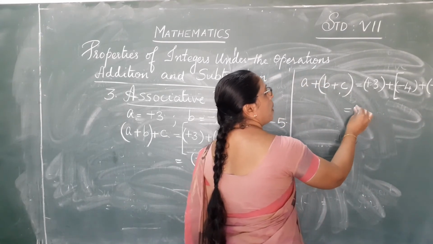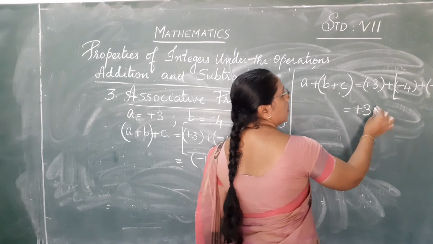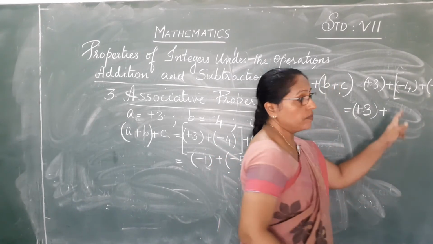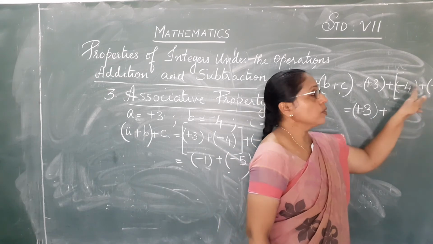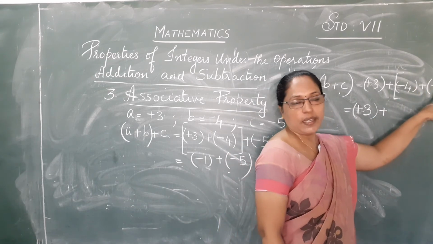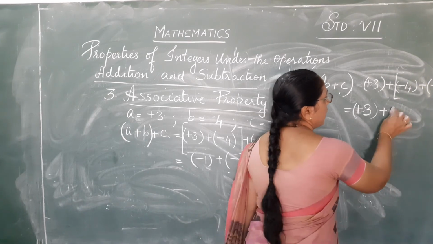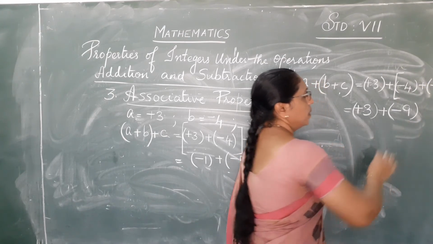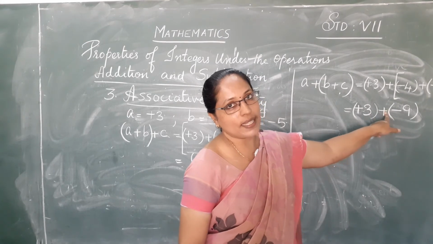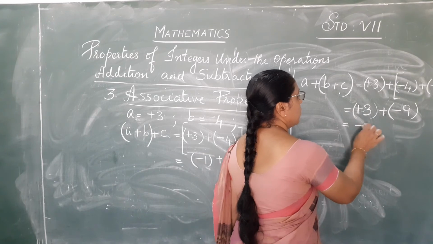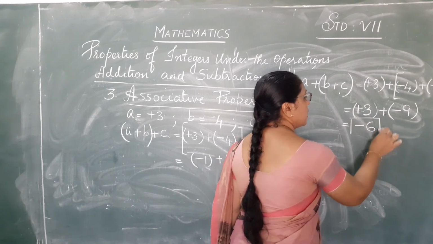So positive 3 plus, when you do the addition of these two integers having same sign, what will we do? Add and put the same sign. So we will get negative 9. Now two integers are having different sign, so we have to subtract and put the bigger number's sign. So the answer is negative 6.